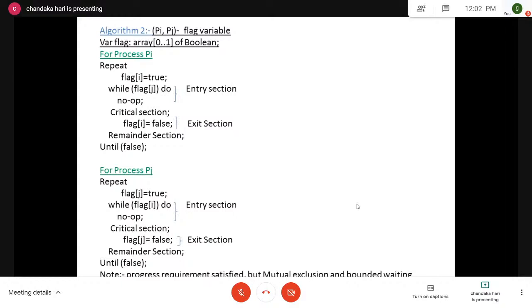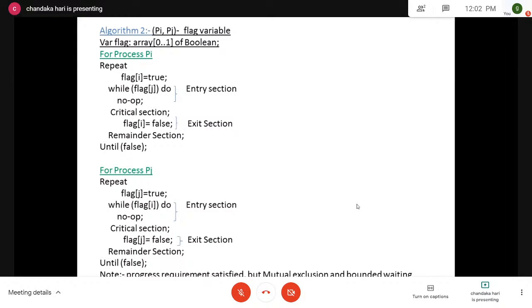Similarly, if process Pj wants to enter into the critical section, first of all, you need to set its flag true. And after that, it checks whether flag I is already set to true. If it is already set, that implies process Pi is already ahead of you, so you need to give first priority to process Pi. That's it. Let us see how the solution has been written.